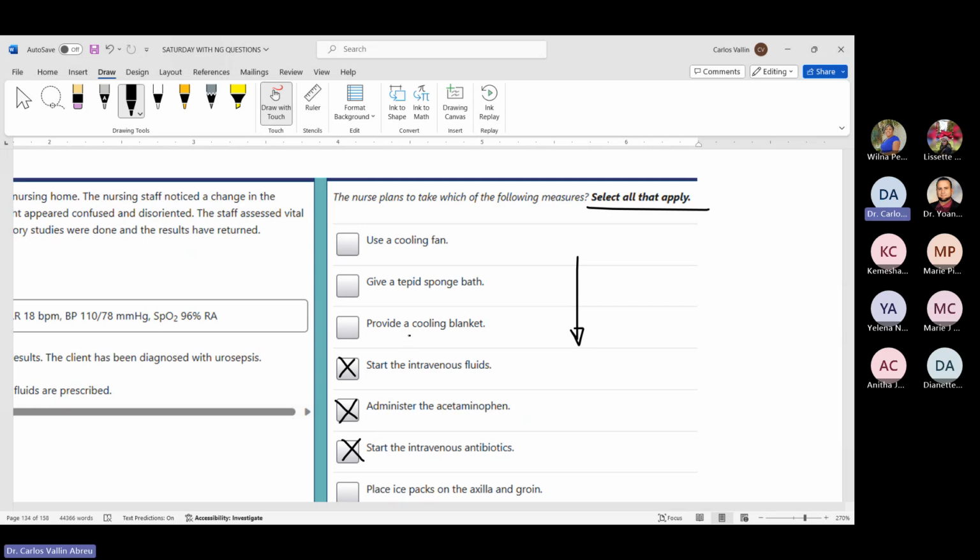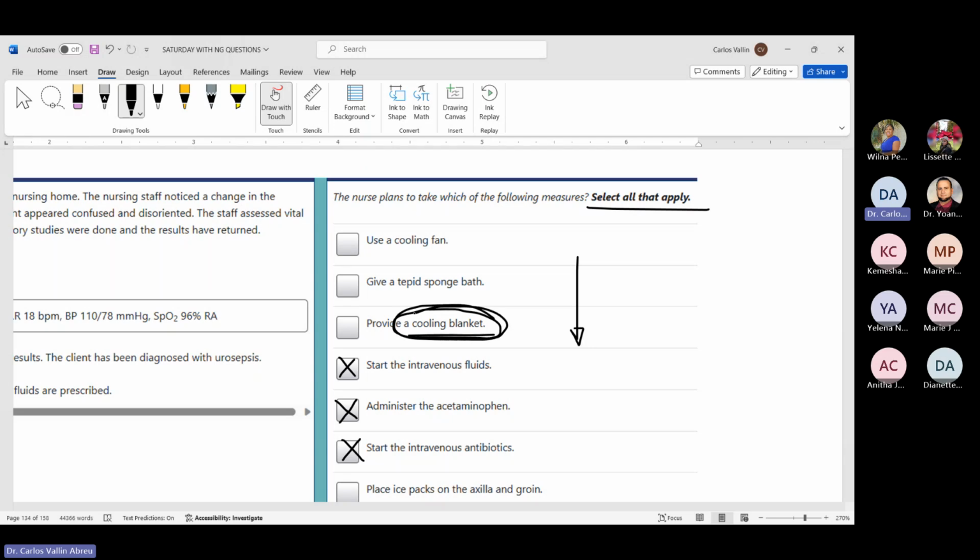Cooling blankets are used in the hospitals for a client with fever to control the fever. So a cooling blanket is an accepted method of reducing the temperature.